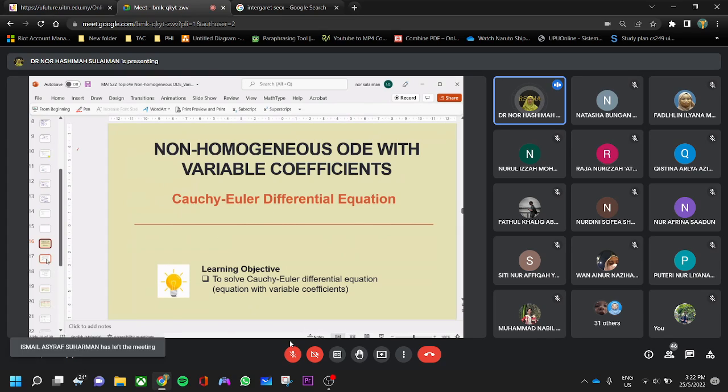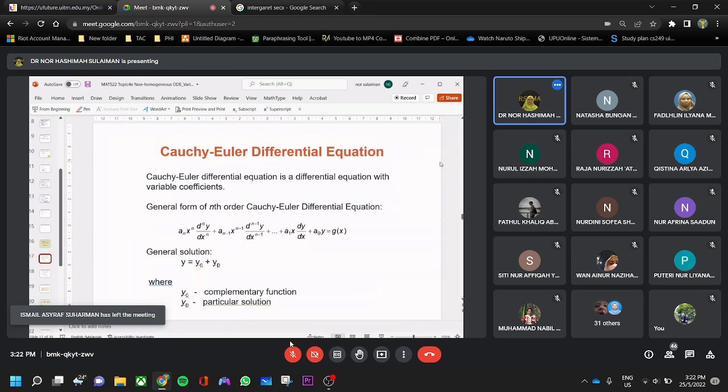So what is the Cauchy Euler differential equation? It is a type of differential equation with non-constant, or variable, coefficients. The general form for the nth order Cauchy Euler differential equation is like the standard one, but the coefficient of the nth derivative is multiplied by the variable x to the n.